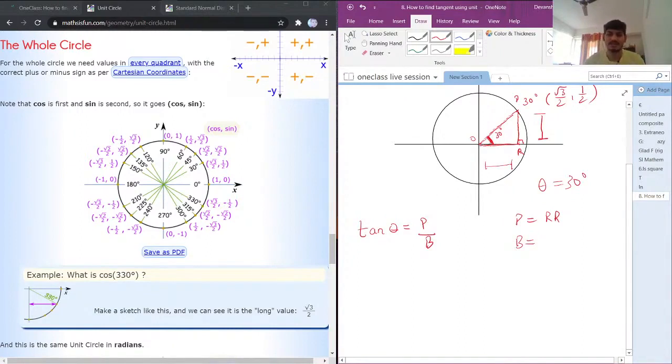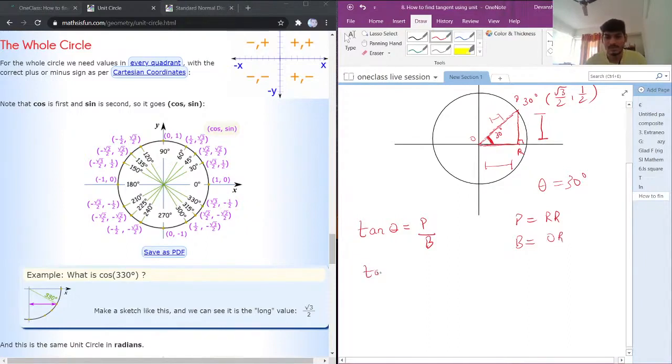So you can think of it like this: at the angle, this line is the base, this line is the hypotenuse, and this is my perpendicular line, or the opposite line from the angle. So base is going to be my OR.